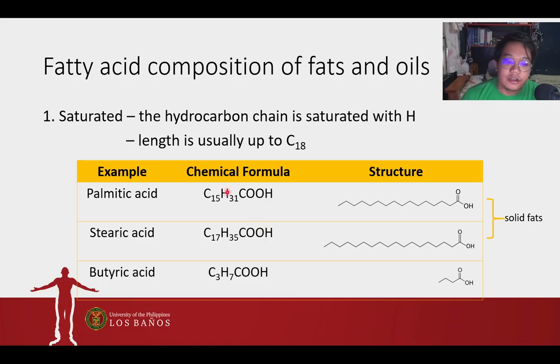Okay? These are our palmitic acid, stearic acid, and butyric acid. The examples depend on the number of carbons. Butyric has 4 carbons. The counting of carbons starts from the carboxylic carbon. Okay?